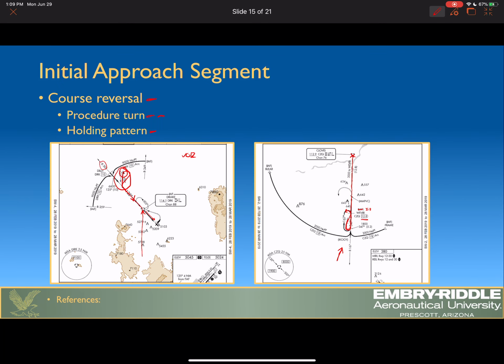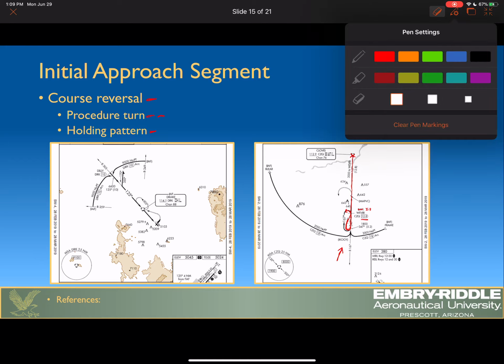So those are the two ways you can do a course reversal, a procedure turn or a holding pattern in lieu of a procedure turn. So remember, the idea of a course reversal is if you are coming at the approach from the opposite side. So a lot of times you will see how an approach can be set up so that you can kind of just fly straight in.